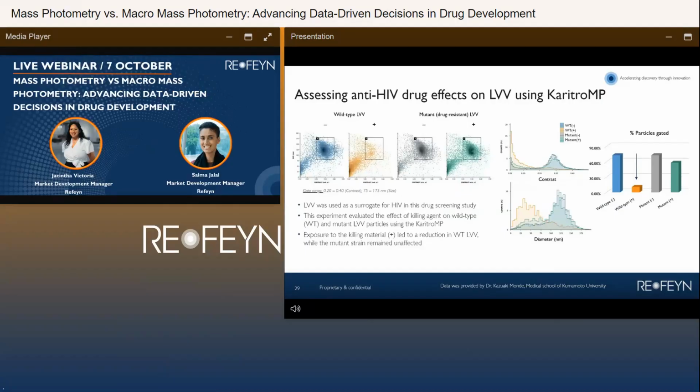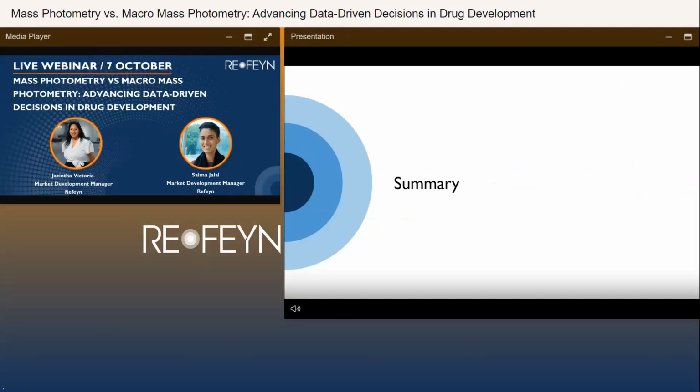What is significant is your treated wild type, which has a significant loss of particles. So we've shown enough evidence here that Querétaro, or macro mass photometry, can be used as a purity measurement for complex and heterogeneous samples like adenoviruses and lentiviruses, both in the vaccine field and also in the gene therapy field.